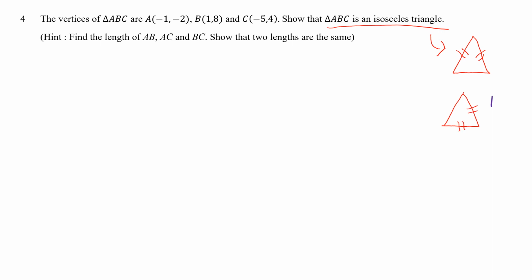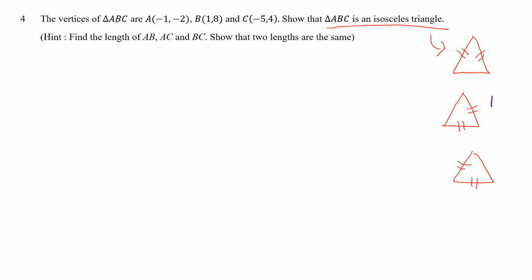It can be this way, or it can be this. The hint given is to find the length of all 3 sides, and then show that 2 of them have the same value. That proves that it's an isosceles triangle.